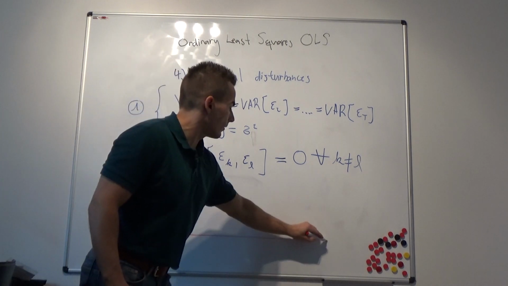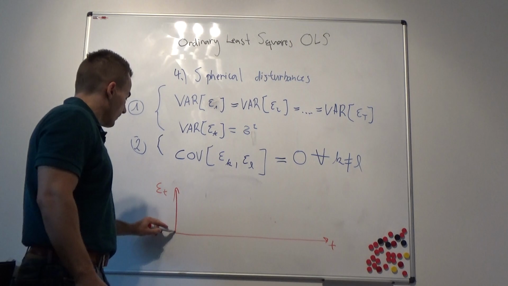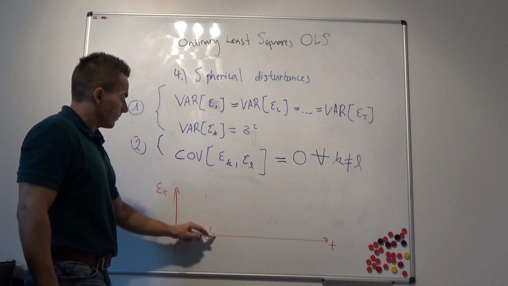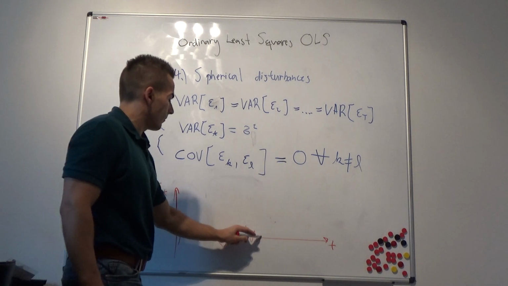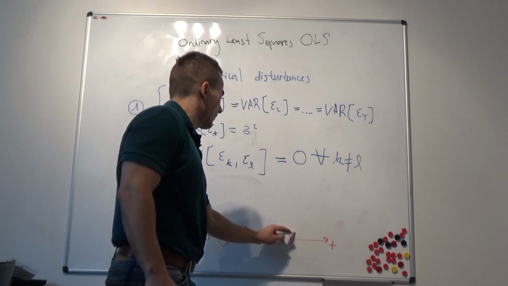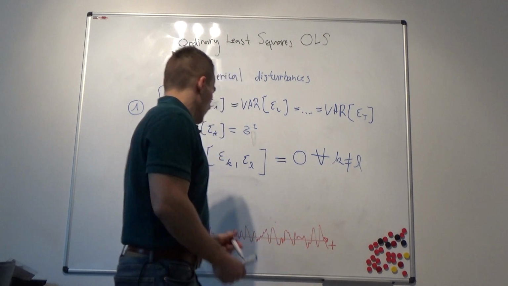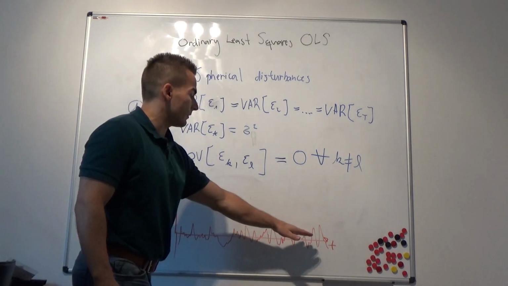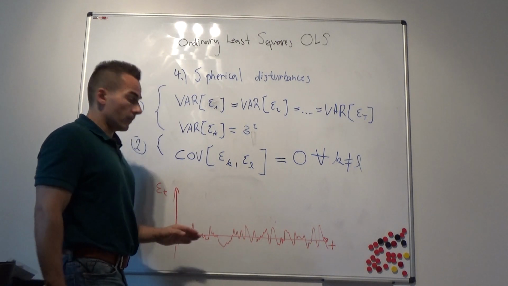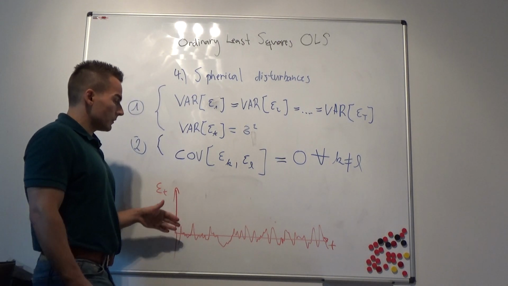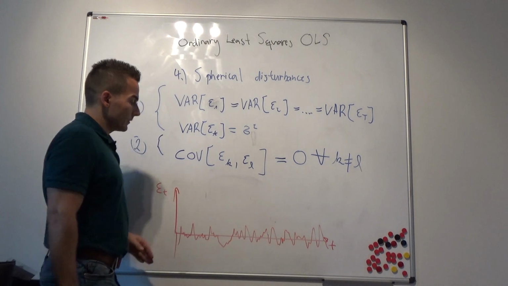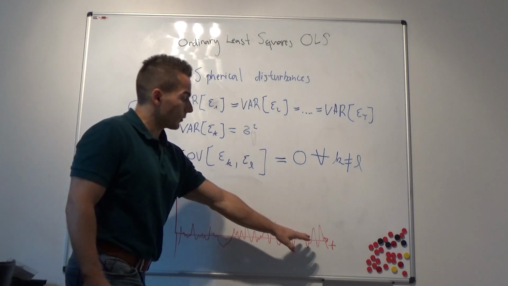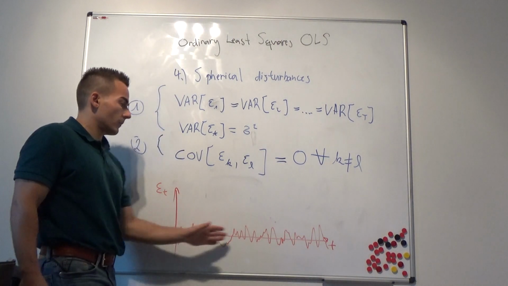Let's again plot here the time dimension. So it should look like something like this. It's a completely erratic white noise, unpredictable process, randomly distributed, identically distributed, completely, there's no information given.